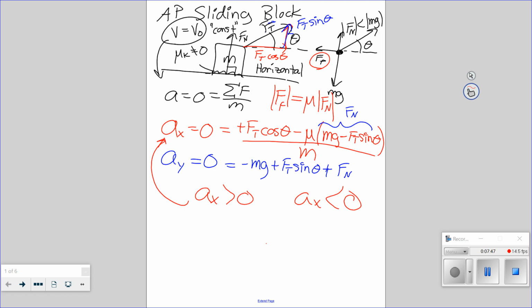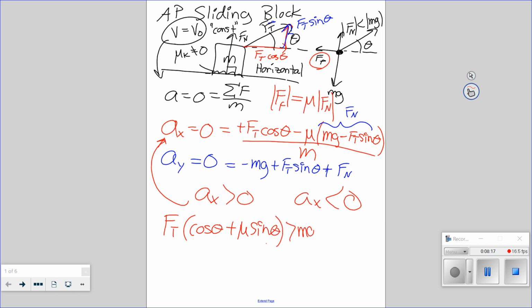Okay, and what would we do? We would say if ft times cosine plus, look at that, mu sine theta is greater than mg.